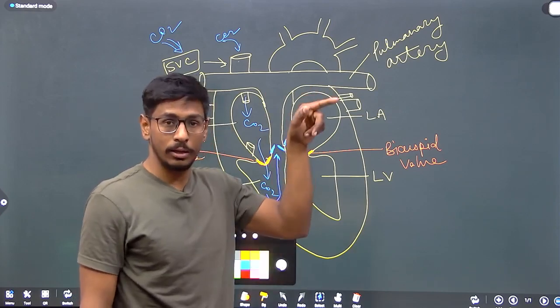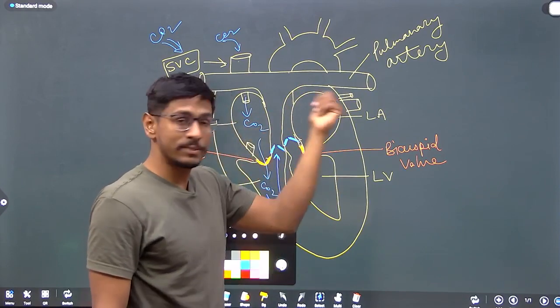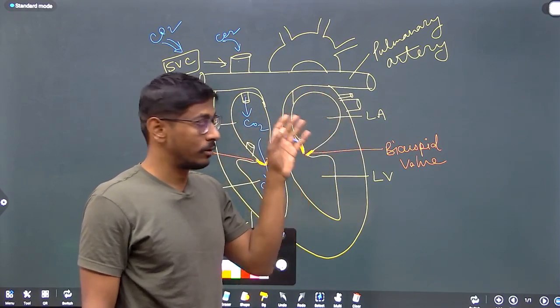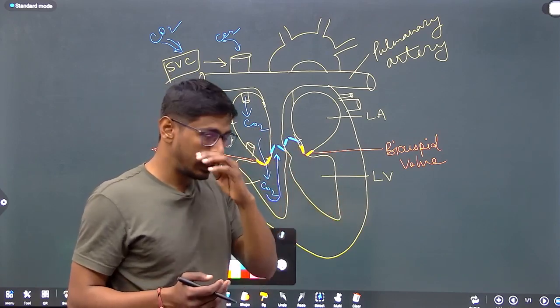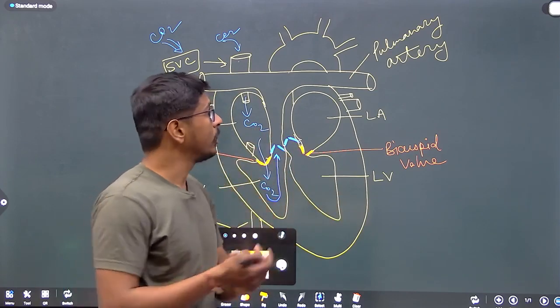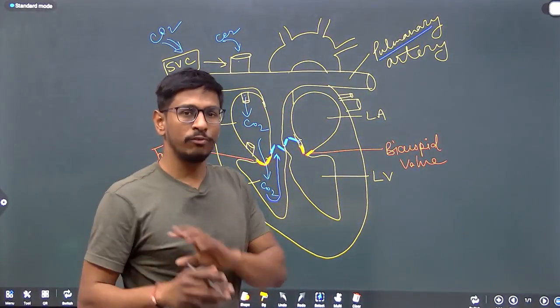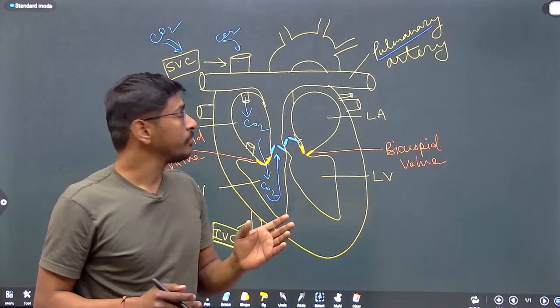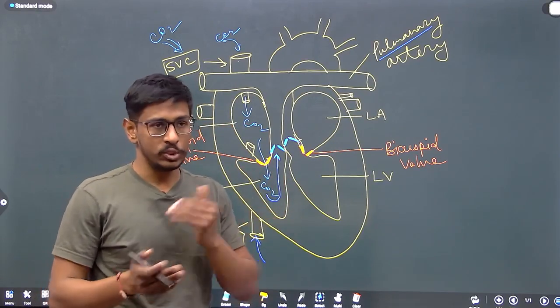It has CO2 which will be exhaled out from the body, and O2 will be inhaled. The meaning of pulmonary is basically lungs, and artery simply means the tube which carries the blood.